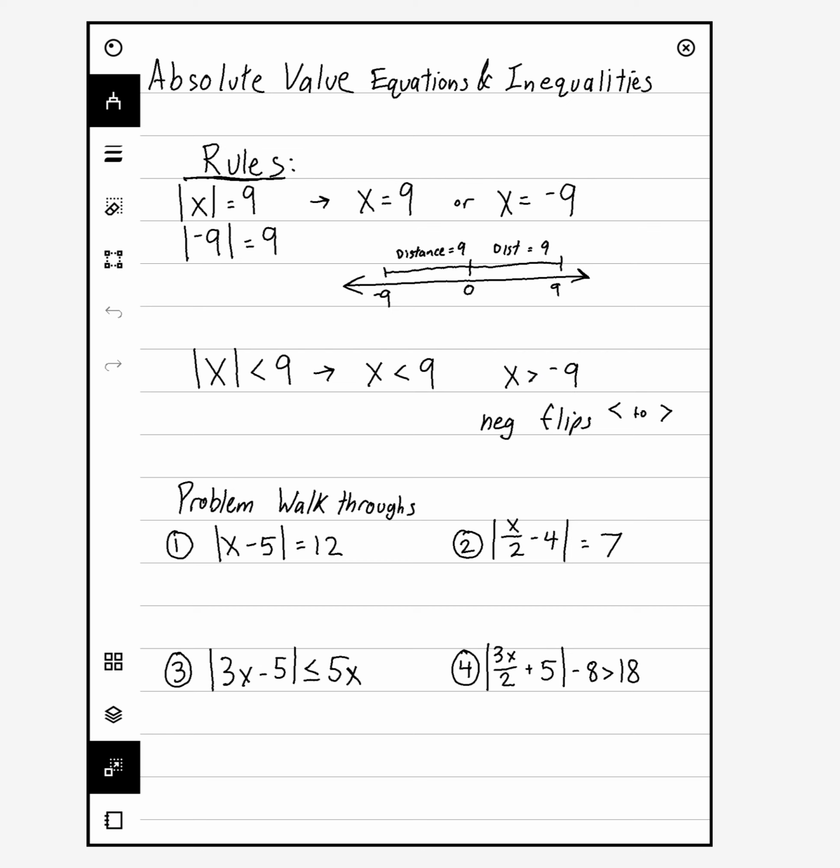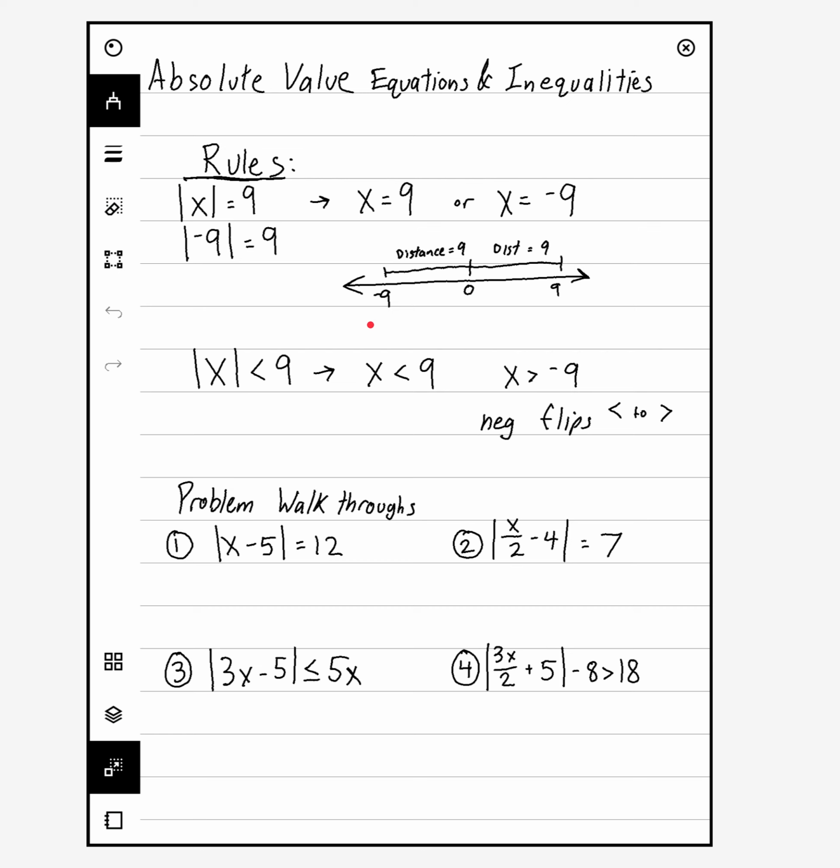Let's look at it here. So if the absolute value of x is less than 9, that means that x is somewhere in between 9 and negative 9. So let's look at this. x is less than 9. Yes, I agree.